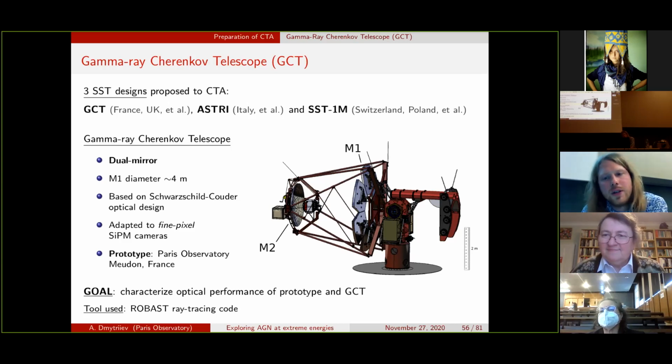So for 4-meter mirrors, you have very big chances that you will not achieve as high quality, and also the mirror is heavy, so you can have local distortions; you can feel the gravity.